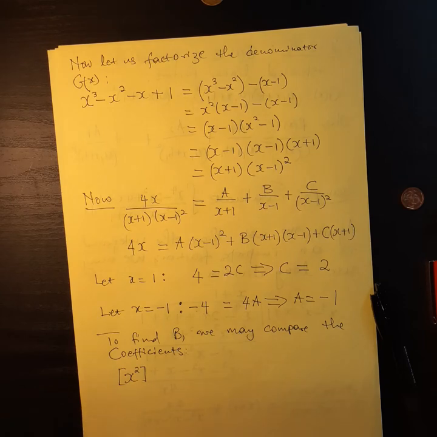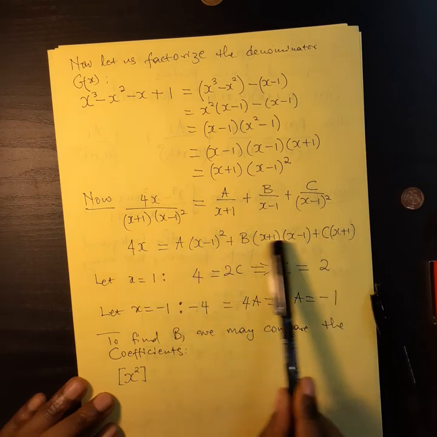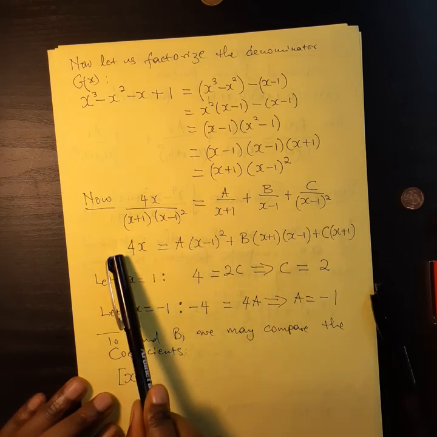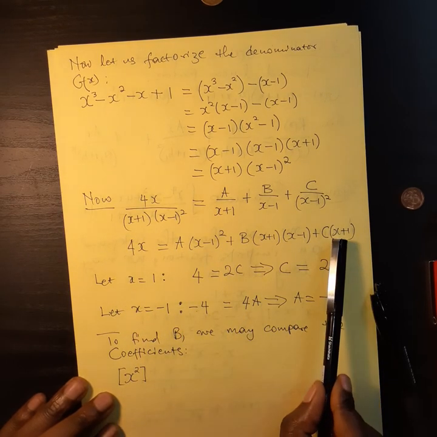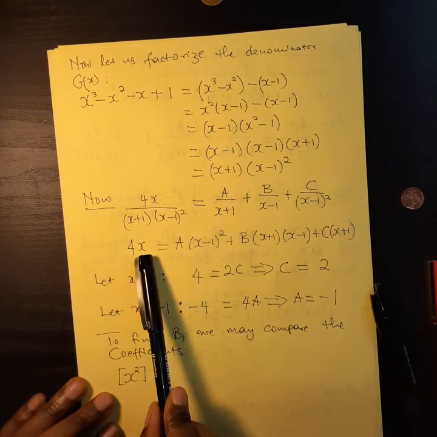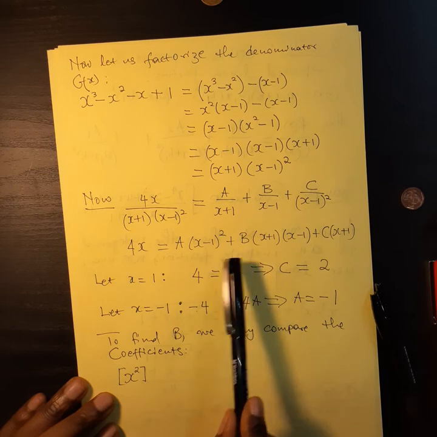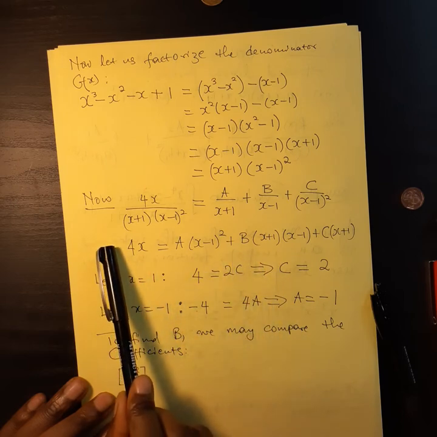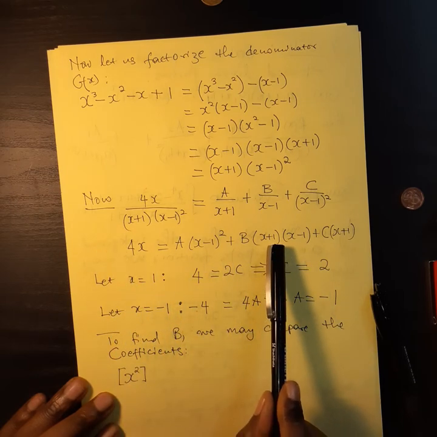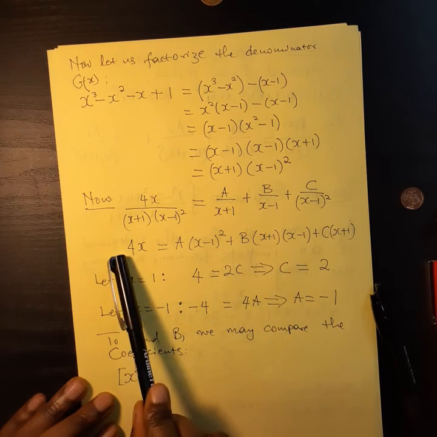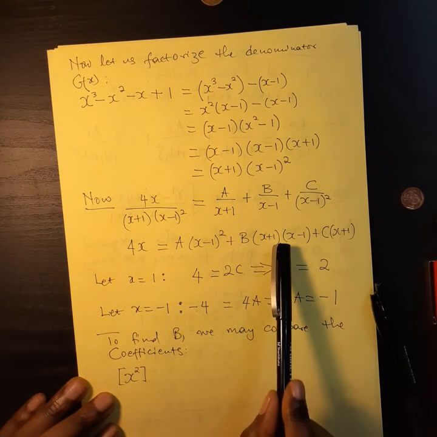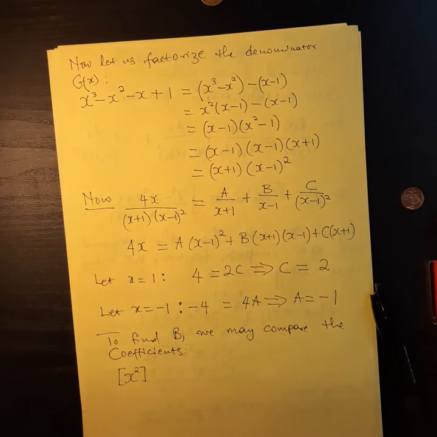You will recall that if you have an equation like this, and we are saying the left-hand side is equal to the right-hand side, so the corresponding coefficients of each term will be equal. So the coefficient of x squared on the left-hand side must be equal to the coefficient of x squared on the right. The coefficient of x on the left must be equal to the coefficient of x on the right, and so on and so on. Constants must also be equal.